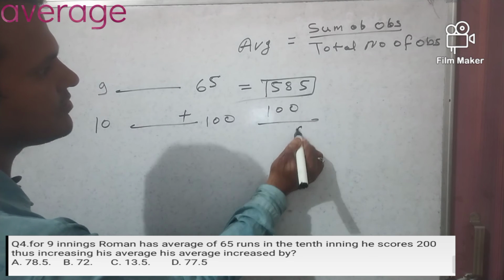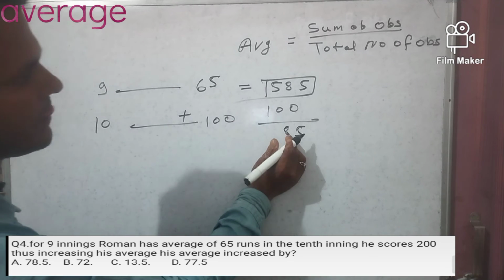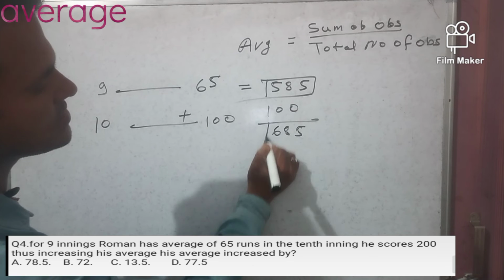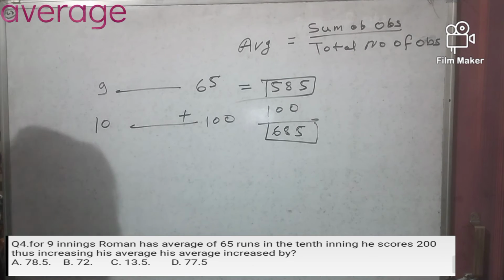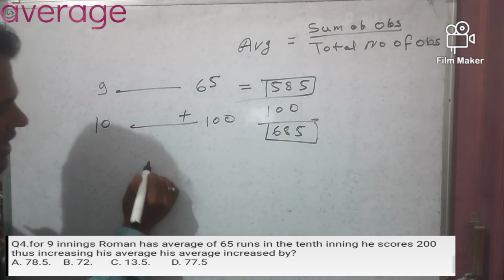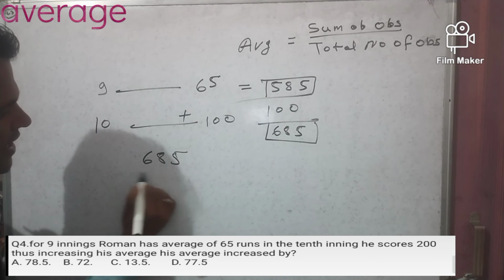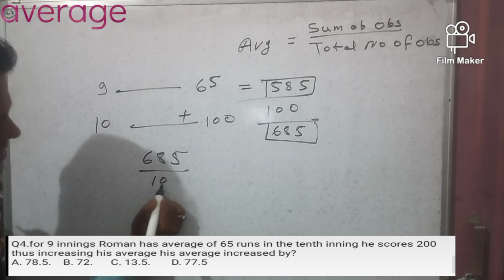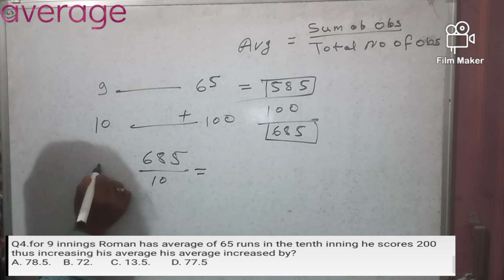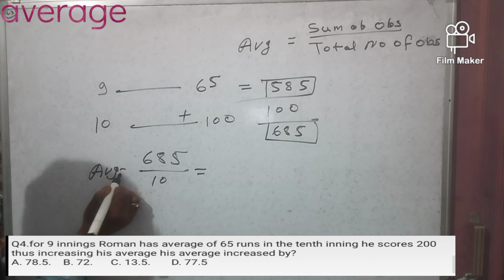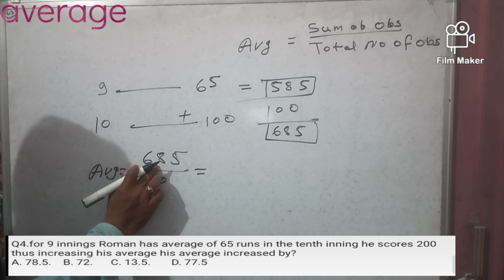So it will be 685. Now our target is to find his new average. So 685 by 10 innings. So average will be 68.5, right?